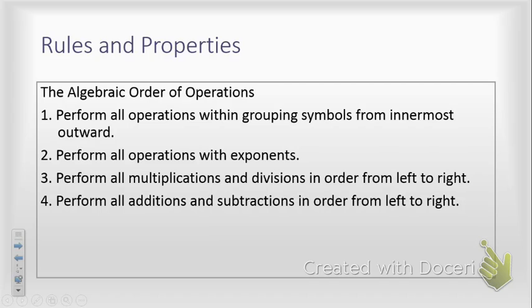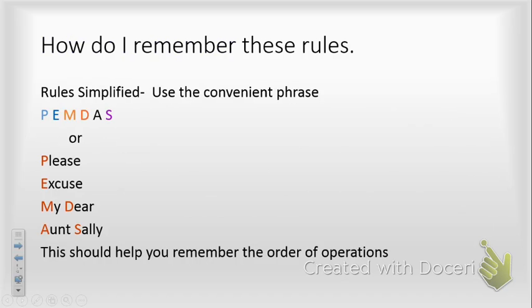And tonight we're just going to be looking at quite a few different examples of how to use these algebraic order of operations. Now, how do I remember those 4 steps? Well, we have a couple different rules. We have a nice phrase, PEMDAS, where the P stands for parentheses and grouping symbols, E stands for exponent, M and D stand for multiplication and divide, and A and S stand for addition and subtraction.